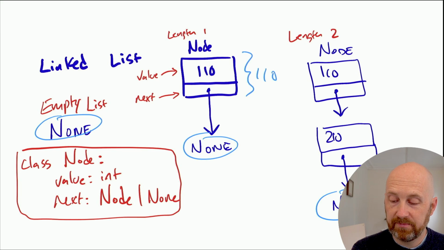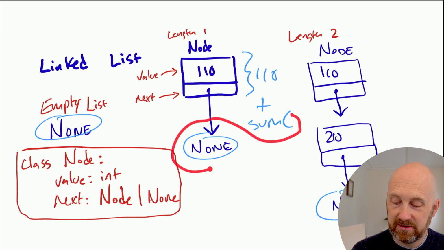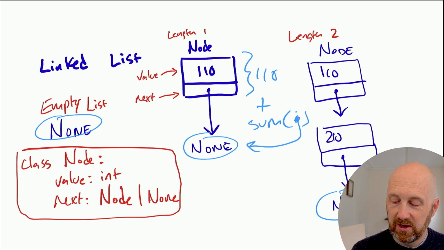So 110 plus the sum of everything that comes after me, which would be this value right here. And the sum of this would be, well, I'm going to draw a pointer here, the sum of none. Well, we don't know, but when we did this just before, we realized very quickly that's a base case, that's 0, so this would be 110 plus 0.